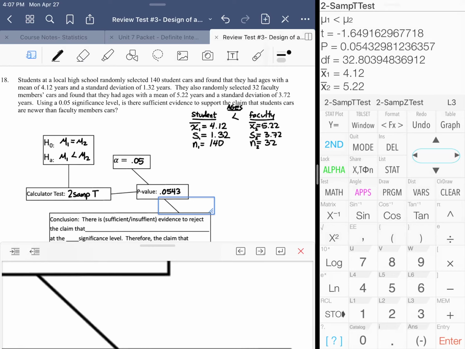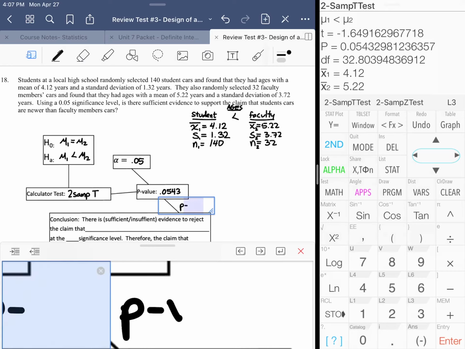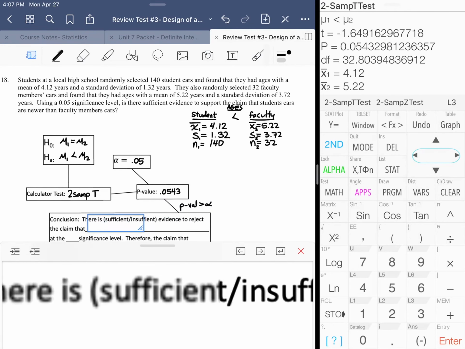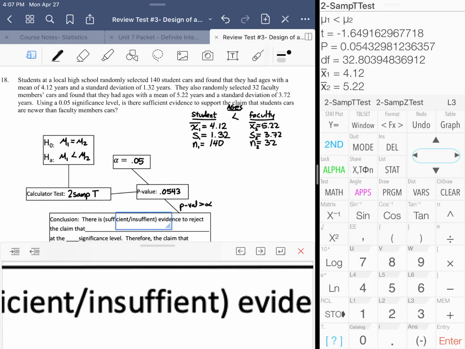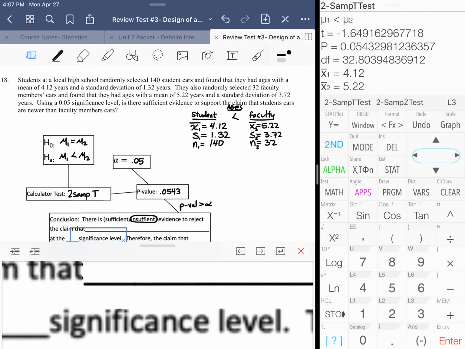All right, the p-value is 0.0543 compared to 0.05, so it's actually not too far off, but it is not quite small enough to be where we need it to be. So the p-value is greater than the alpha.